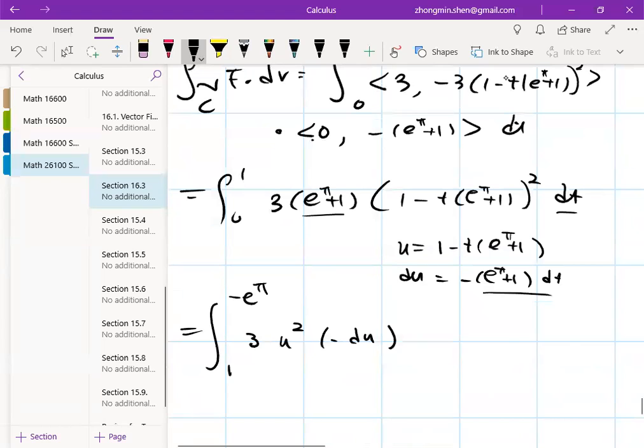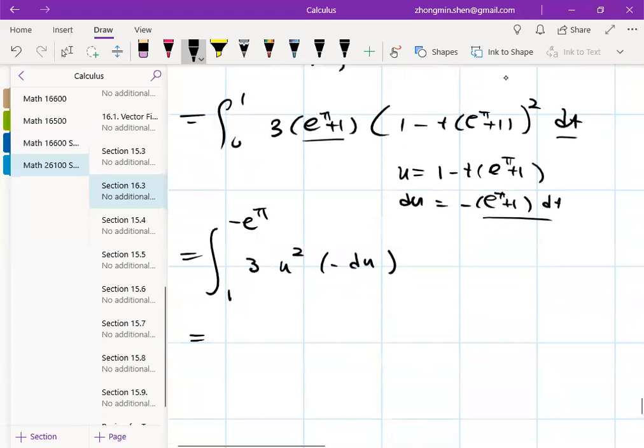Actually, it's not too bad. So that is going to be the integral of negative 3u squared du.